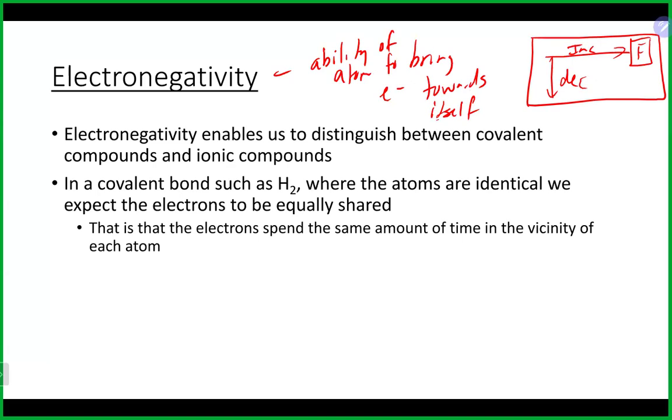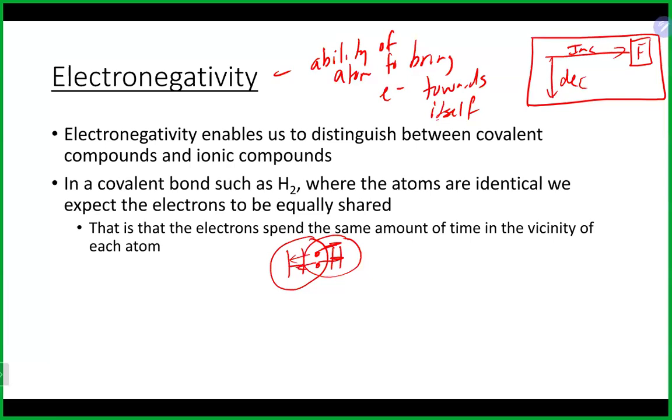Electronegativity plays a really important role in how the electrons between two atoms within a bond are shared. So for example, if we took our hydrogens there, since they are both hydrogen, we would expect these electrons to be equally pulled in both directions because they are the same element, with the same electronegativity, which means they're going to pull those electrons equally. You could think of it like a tug of war, with a rope and a flag in the middle.